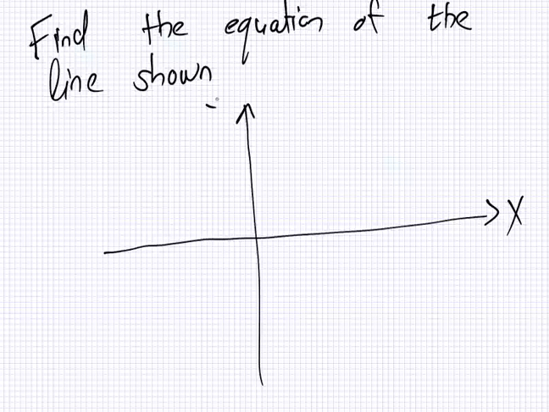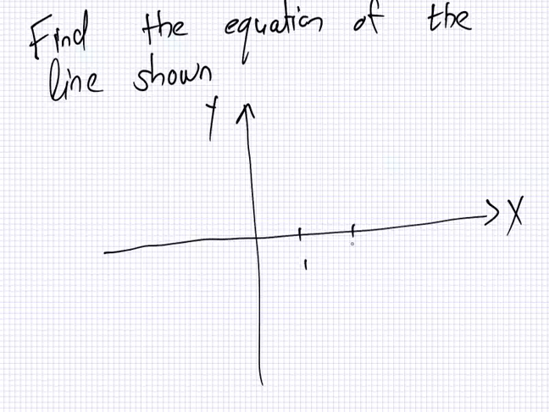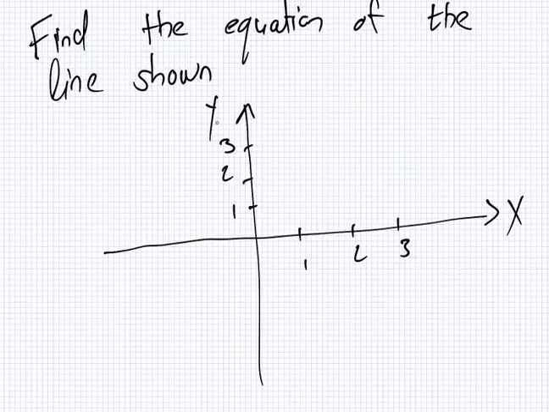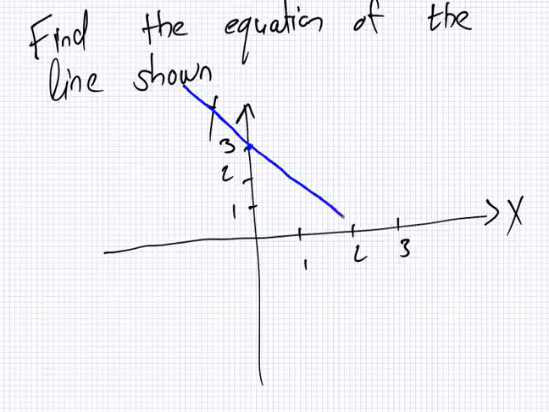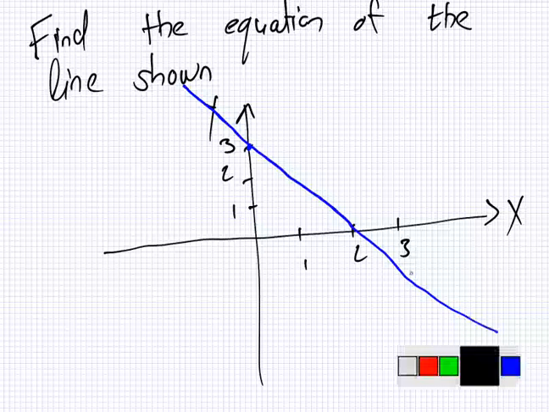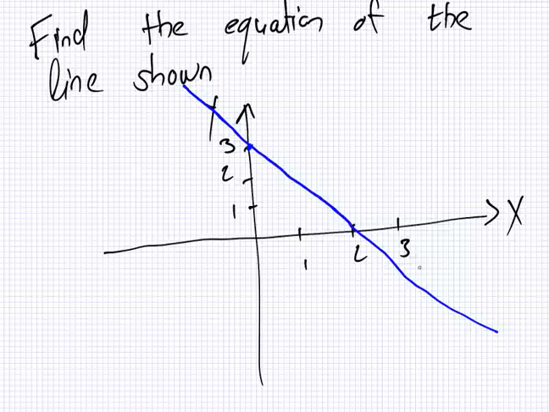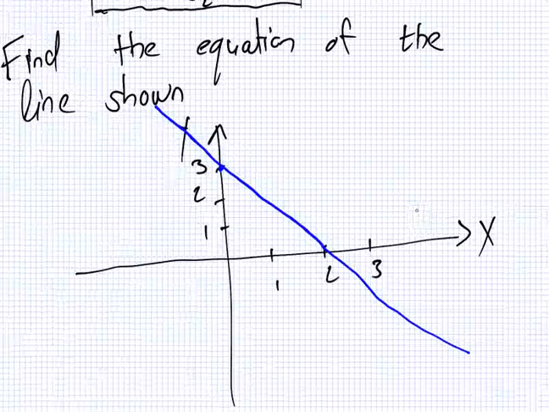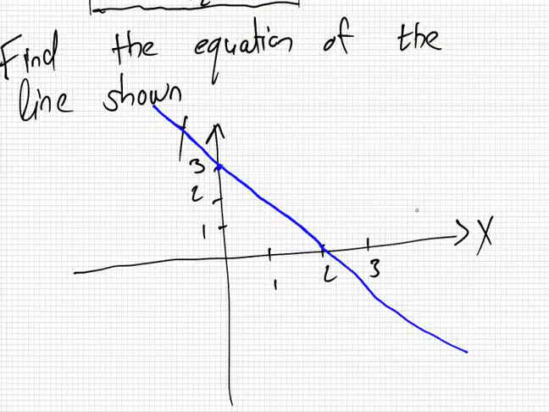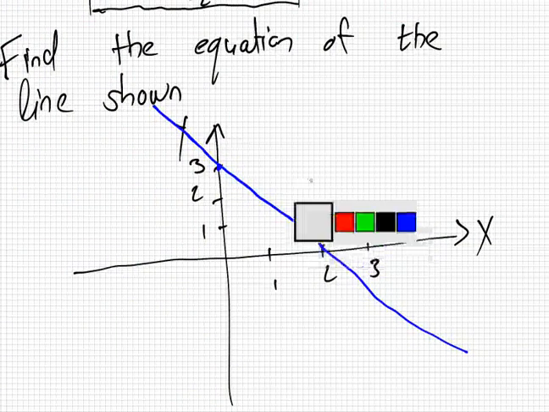Sub it in, put it in, and see if the two sides are equal. So if they are equal, what does it mean? On. And if they're not equal, it's off. So let's see. This goes in here. Minus 25 equals 4 times minus 7 plus 2.